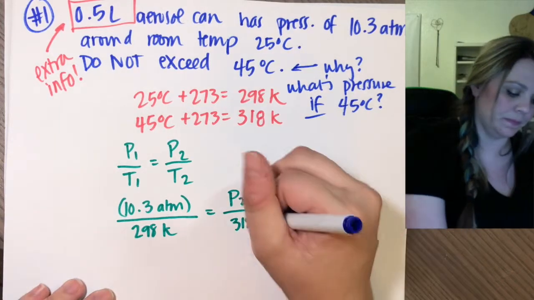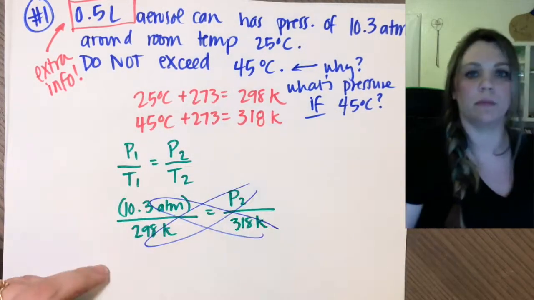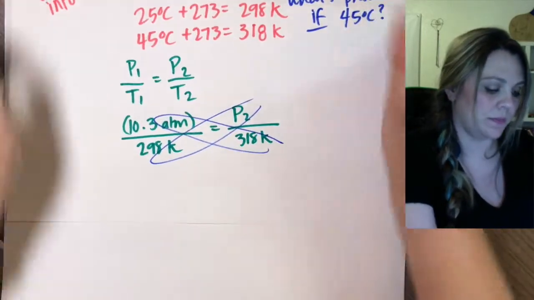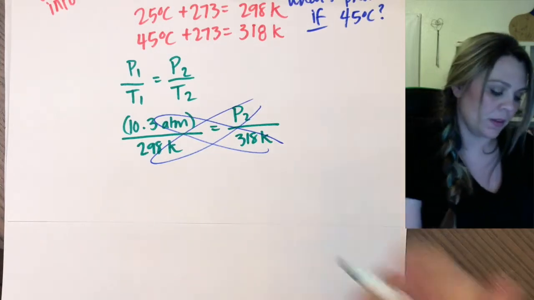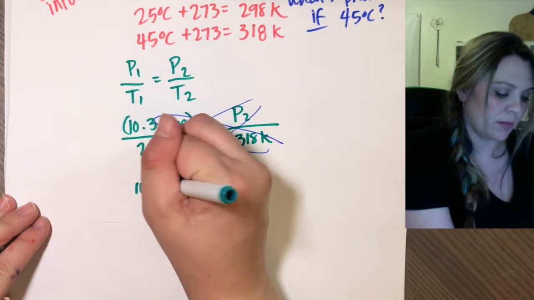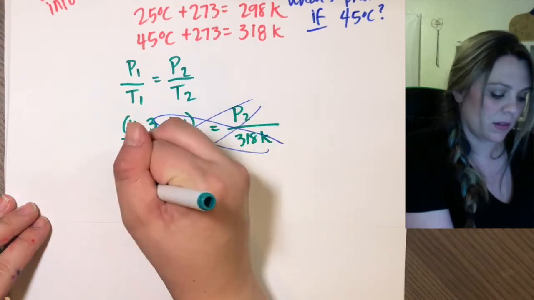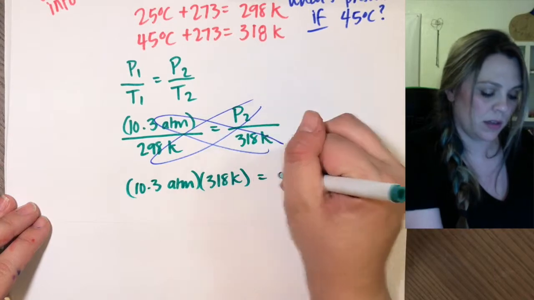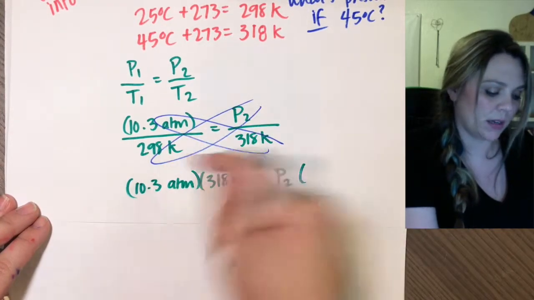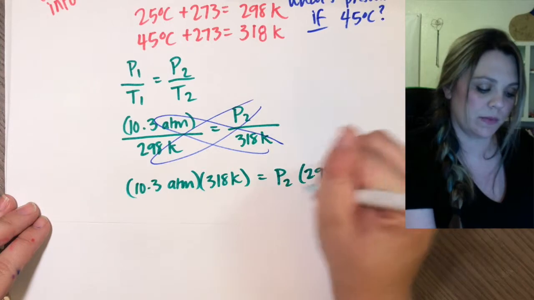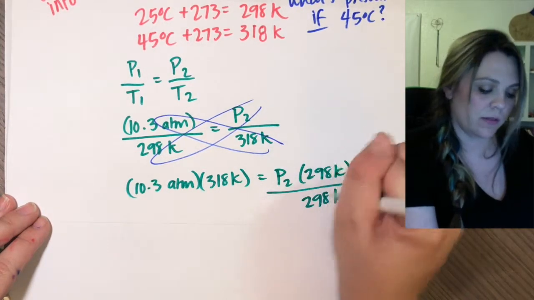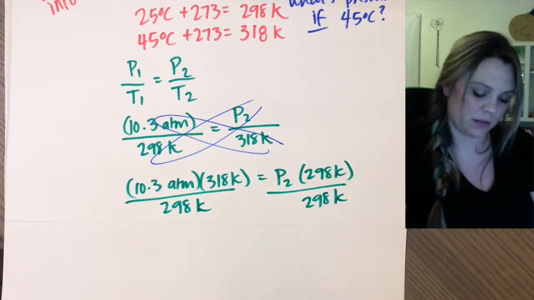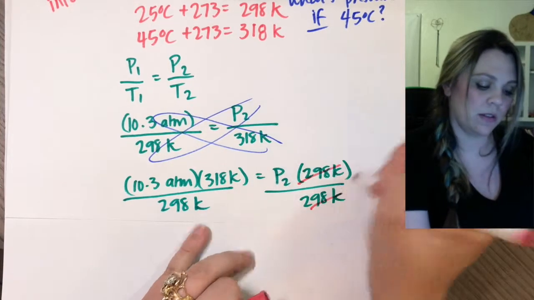Do your butterfly method, or whatever method works for you. So I would get 10.3 atmospheres times 318 Kelvin equals pressure 2 times 298 Kelvin, divided by 298 on both sides. That cancels.